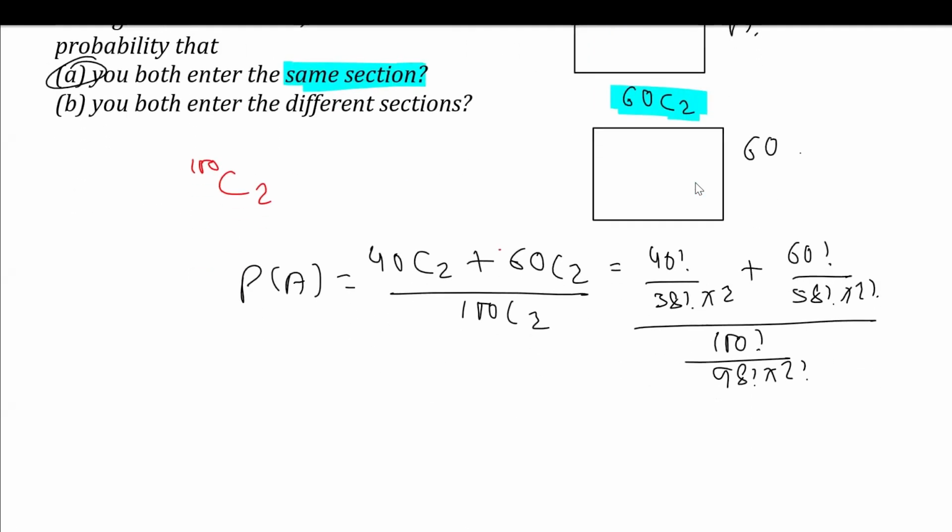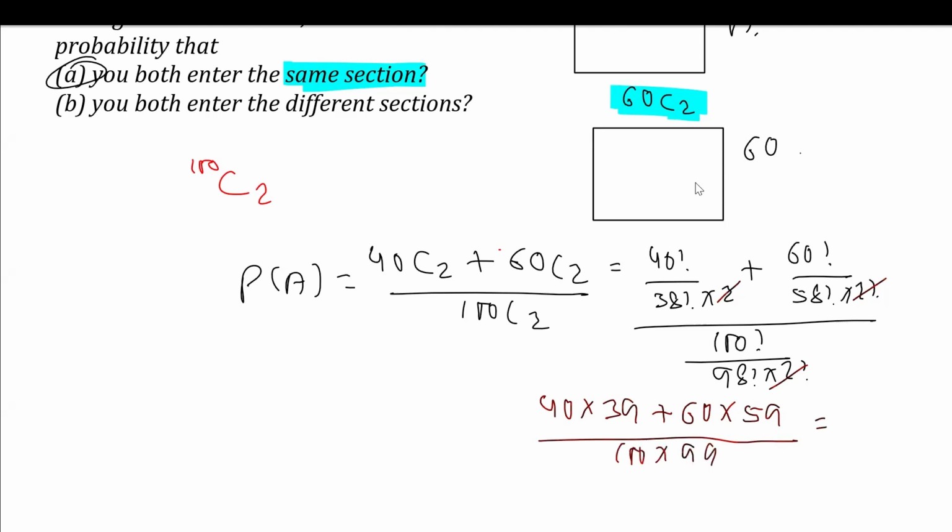I can see 2 factorial gets cancelled everywhere. So now the calculation is 40 into 39, as 38 factorial gets cancelled. On the other side, 60 into 59, and 58 factorial gets cancelled. In the denominator, it's 100 into 99.